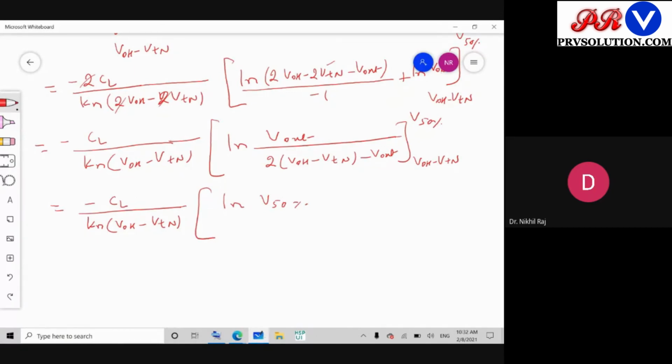And then divide by 2 VOH minus VTN minus V 50%, minus ln of VOH minus VTN. But let me make it simpler.